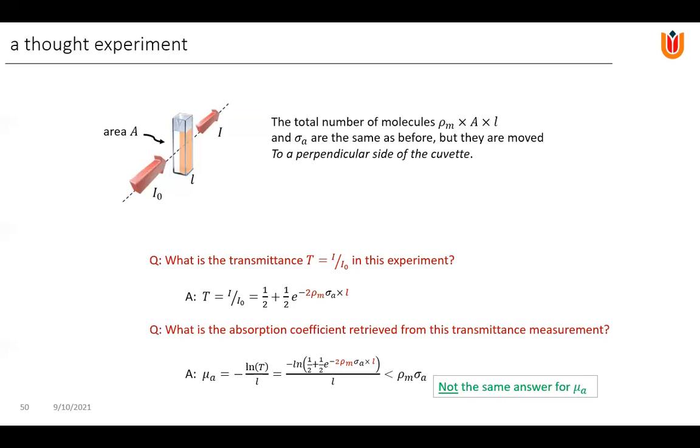So we still have the same amount of light that goes into the cuvette, but since we now moved all the molecules to the side, half of I0 does not see any molecules at all, but just passes through, and the other half of I0 will see molecules and will be absorbed. So I divided by I0 would be that half of the light that just passes through, plus this half with the exponential factor behind it that actually is attenuated. Yes. Okay. Super.